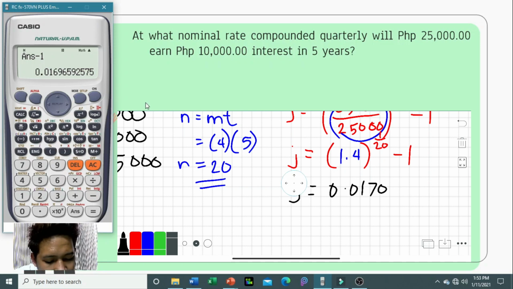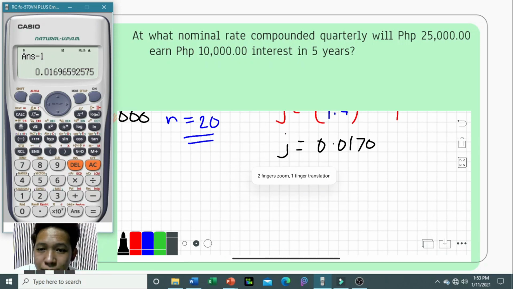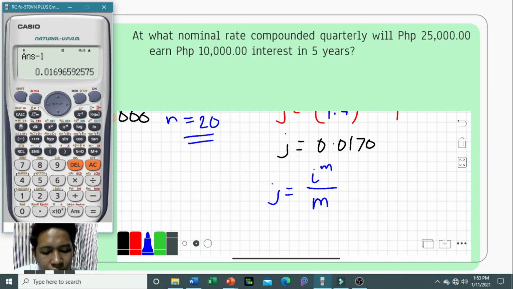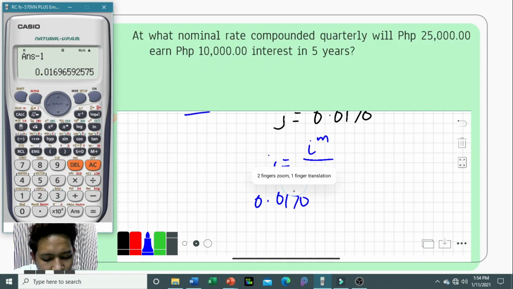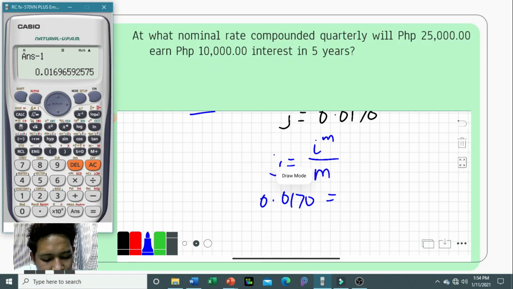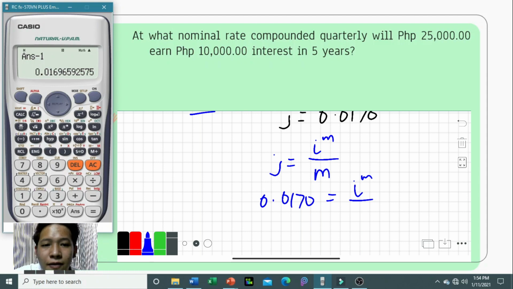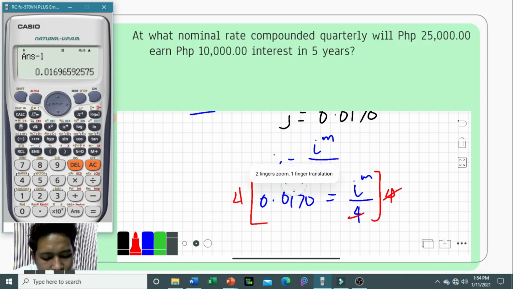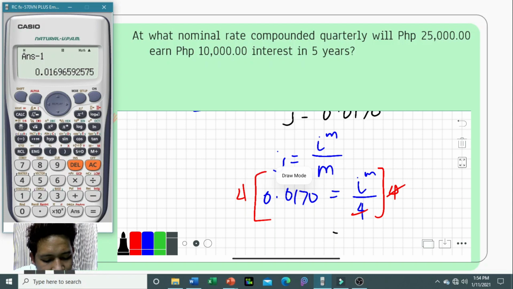So the nominal rate can be obtained by using the formula in getting J. So that is J equals the nominal rate divided by the frequency of conversion. So we have here 0.0170 equals, our nominal rate is unknown, over the frequency of conversion, sabi dyan quarterly, so that is 4. And then we have to multiply both sides by 4 para ma-cancel po ito at yung nominal rate yung matira sa kabilang side ng equation.